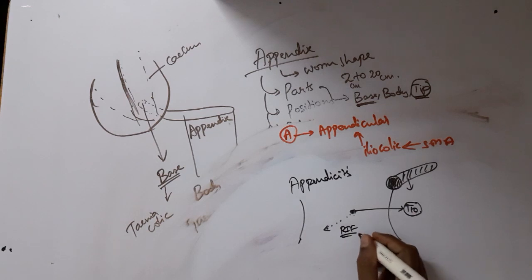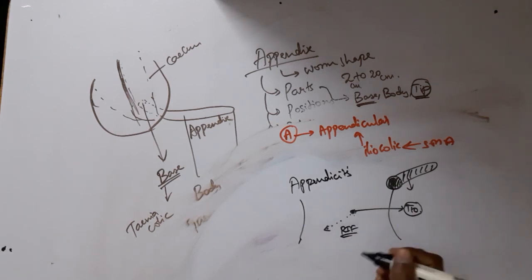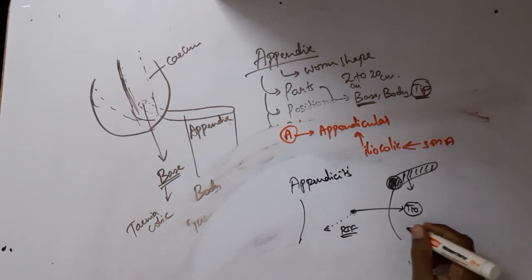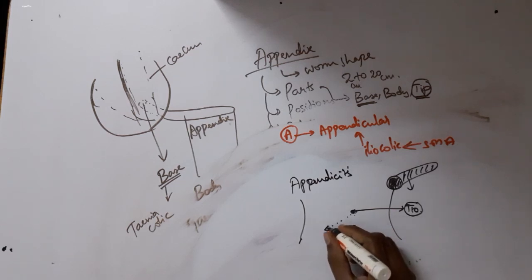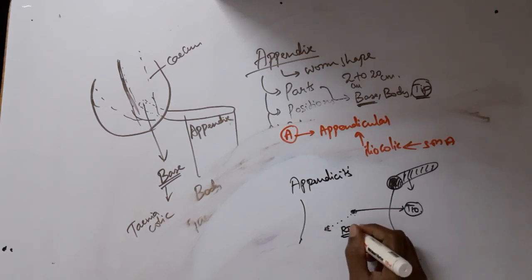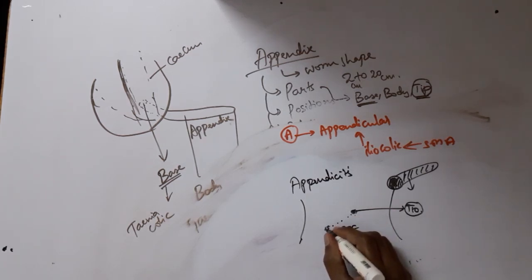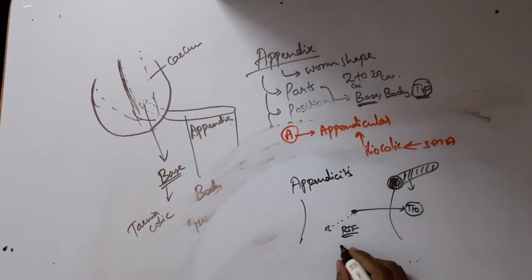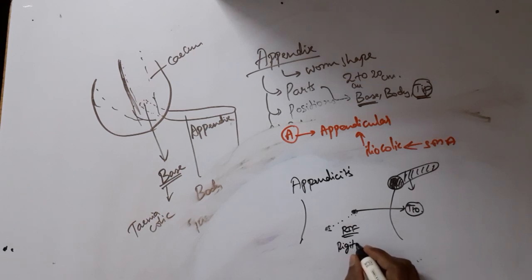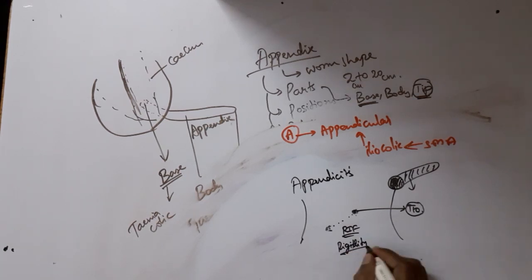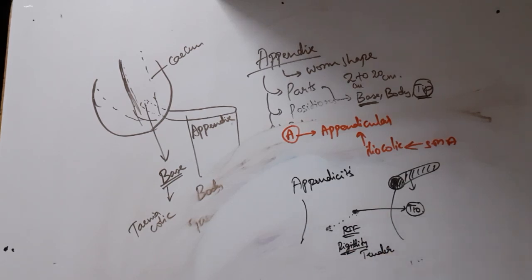Then why does it go to the right iliac fossa? Once the infection gets into the peritoneum, the pain presents in the right iliac fossa. Apart from that, the patient has rigidity of the anterior abdominal wall, so if you try to touch it, he will have tenderness.